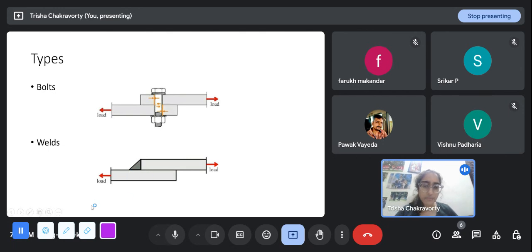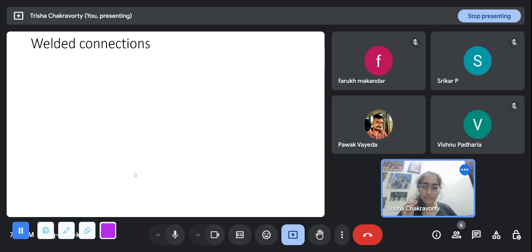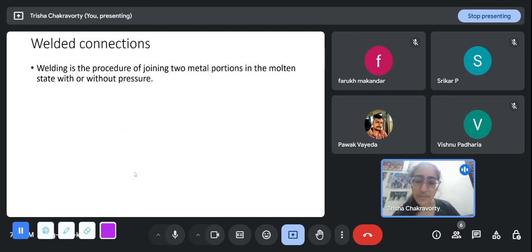So once the weld is made, you won't be able to see it separately. Like you can see the weld surface, but the bolt is a distinct element. Once the weld is made, it is part of the metal surface, and you cannot pull it apart like the bolt. So this is how a welded connection is done.